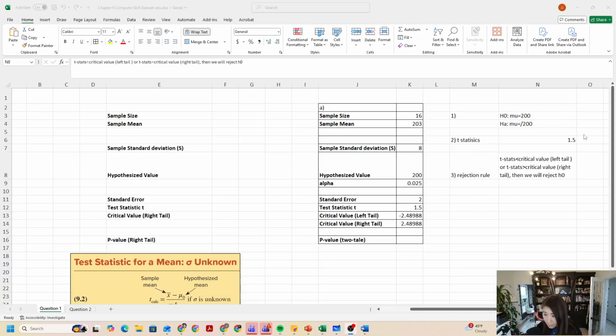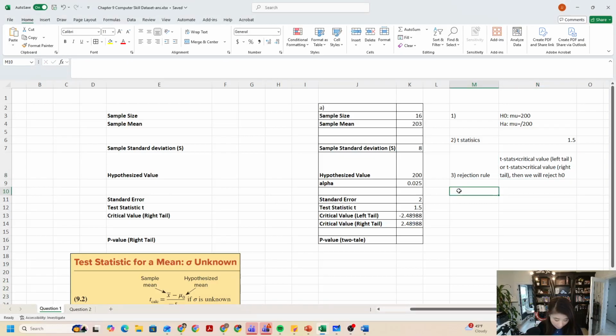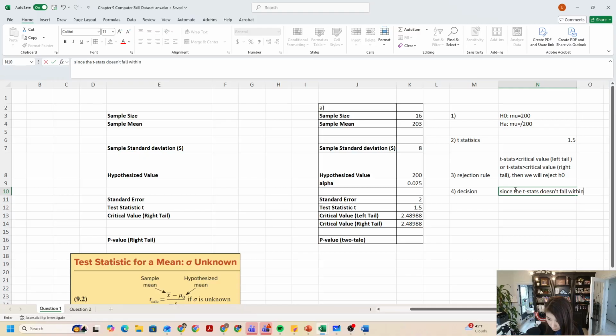As you can see, since this 1.5 does not belong to this rejection rule, our decision will be, since the t-stat does not fall within the rejection region, we will not have enough evidence to reject H0.